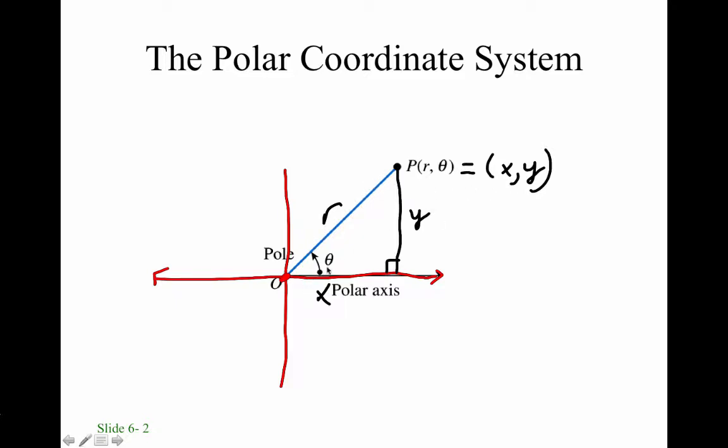So if you think about a right triangle with an angle and an x and a y on a coordinate plane, instead we're going to be using the r and the theta, and those are going to be polar coordinates.